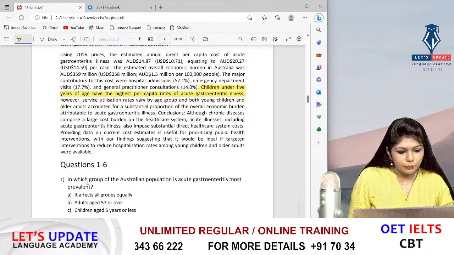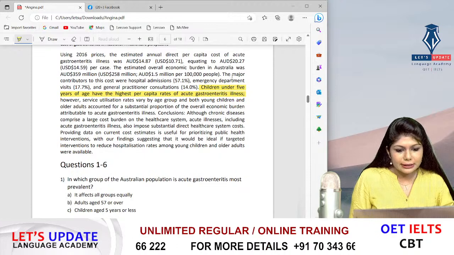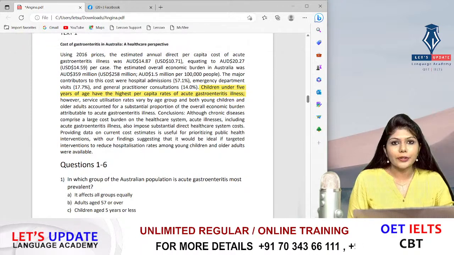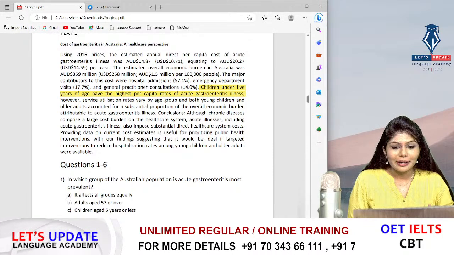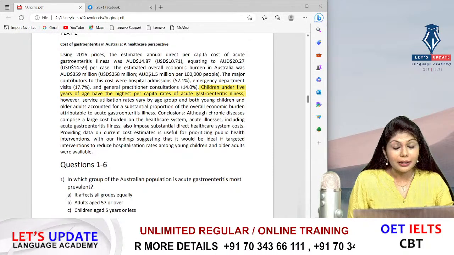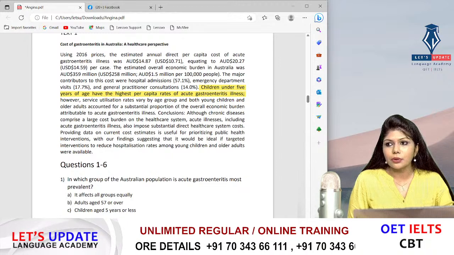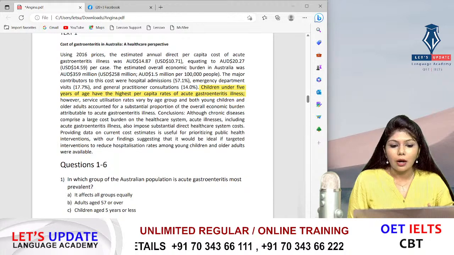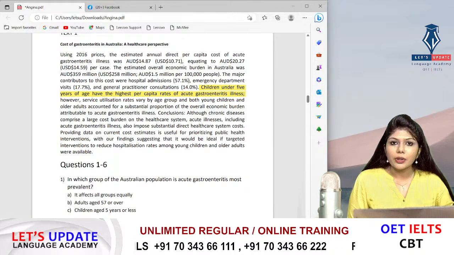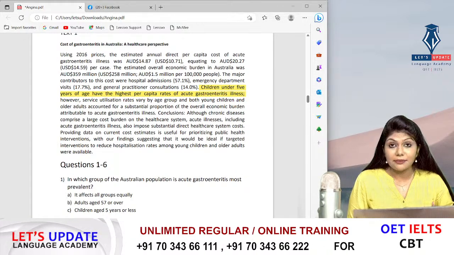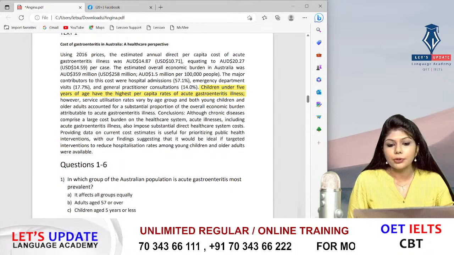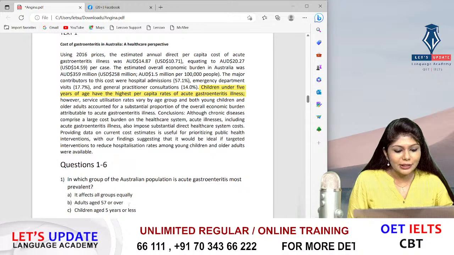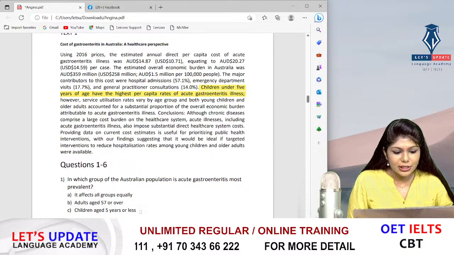Under 5 years of age means 5 and below 5 years. That is included when you say under 5 or under 17, like there are teams, cricket teams and football teams. Under 17 means 17 and under, so under 5 means 5 and below 5. That is why your answer is children aged 5 years or less.